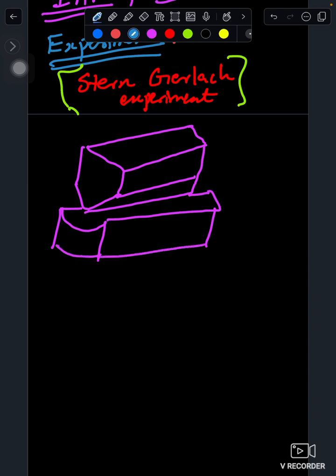This has the south pole, this is the north pole. We call it a non-uniform magnetic field.